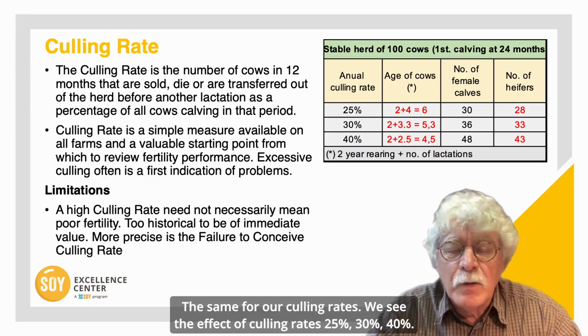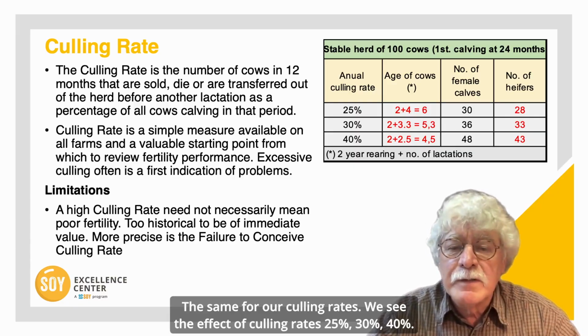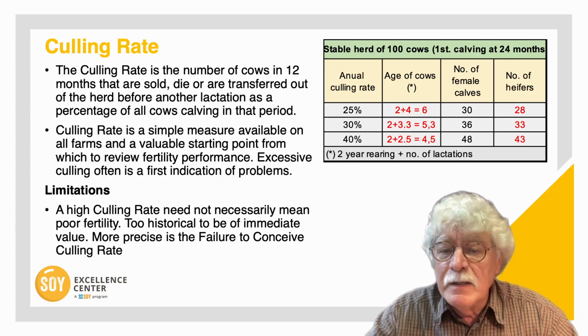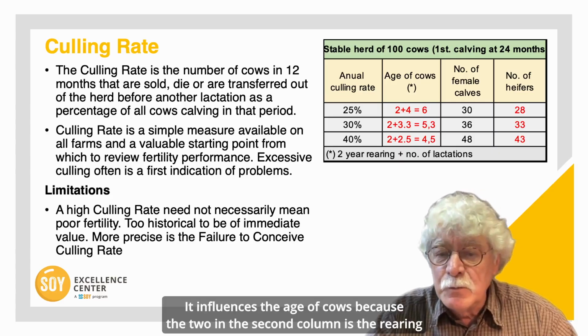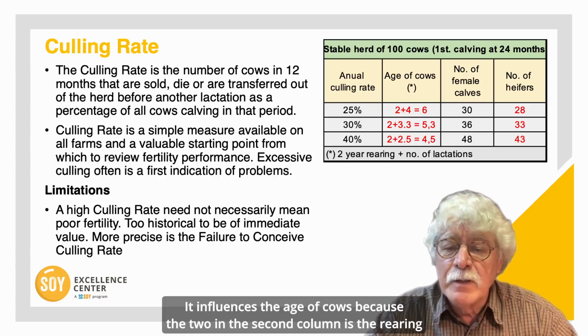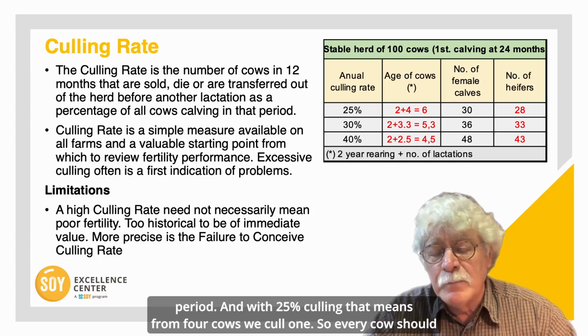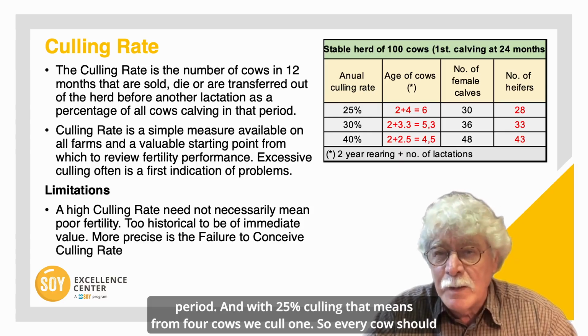The same for our culling rates. We see the effect of culling rates, 25%, 30, 40%. It influences the age of cows, because the 2 in the second column is the rearing period. And with 25% culling, that means from 4 cows we cull 1.